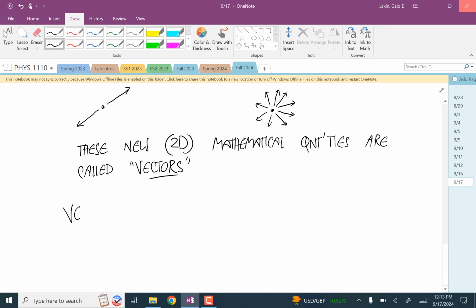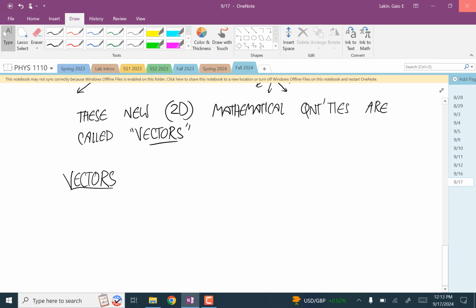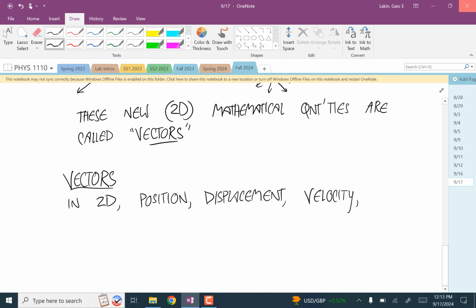Okay, so vectors. In 2D, position, displacement, velocity, and acceleration will all be vectors.